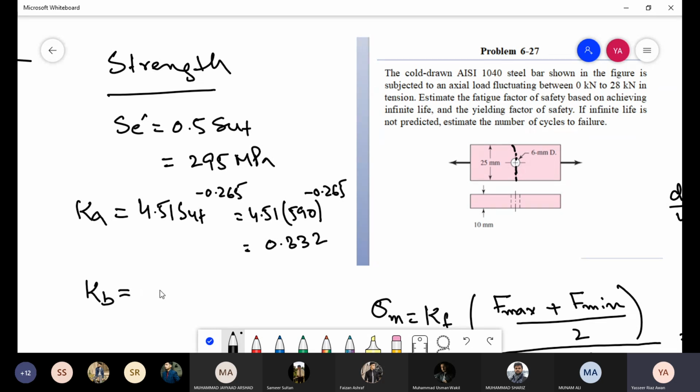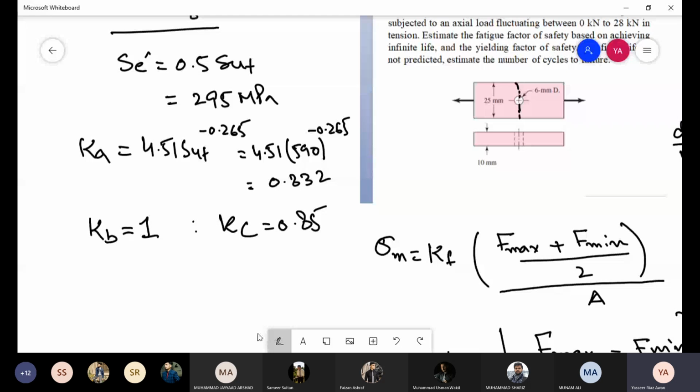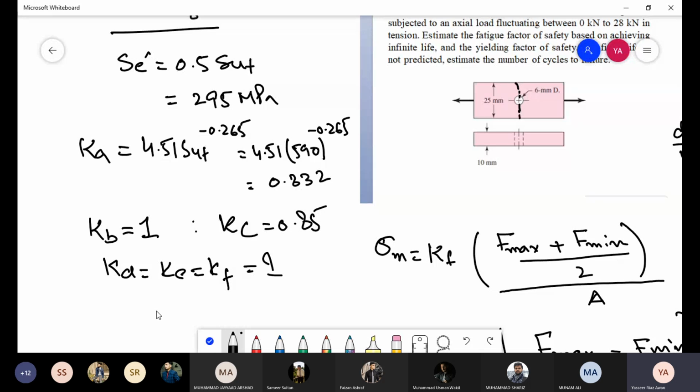Kb would be, because this is a case of axial loading, the size factor is 1 and the load factor is 0.85. And the rest, because we don't know any information about them, are equal to 1.